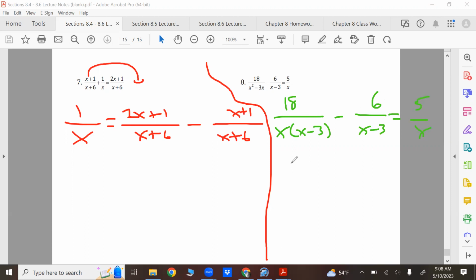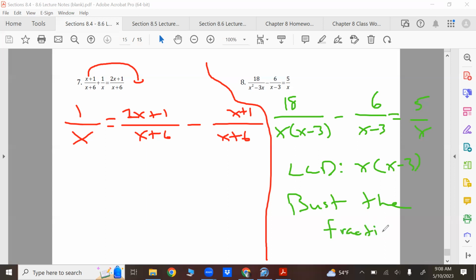Actually, no, you should just move 2x. So the LCD is this. So what you're gonna do is bust the fractions. What that means is you're gonna multiply top by the LCD. So you're gonna do this, guys.